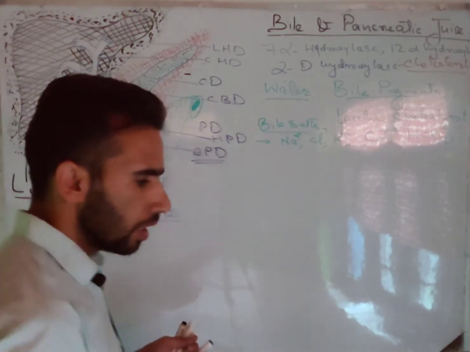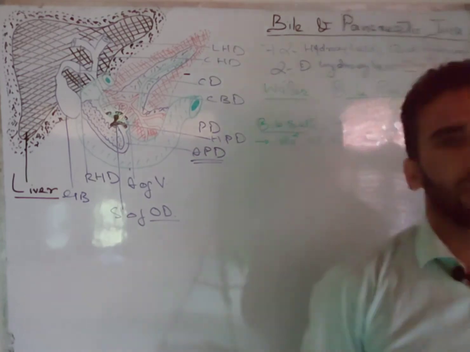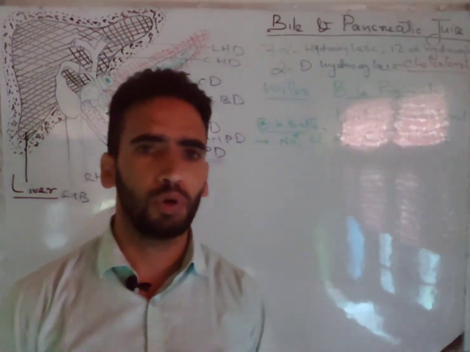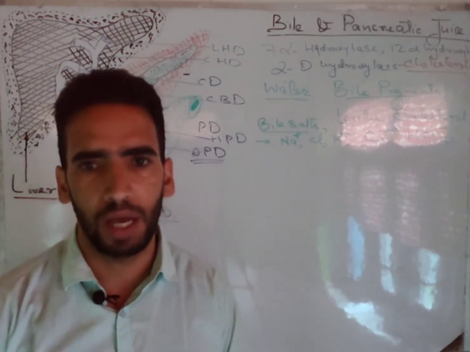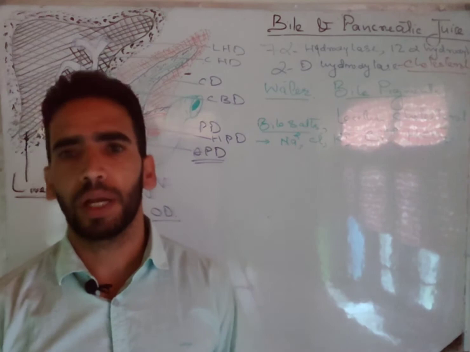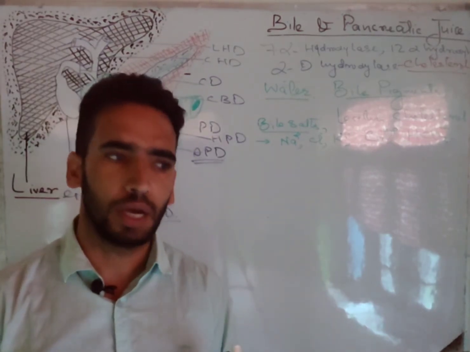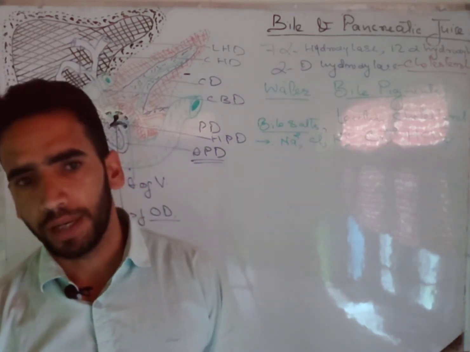So far as the common composition of the bile is concerned, you have seen that bile consists of water, bile salts, bilirubin, cholesterol, fatty acids, lecithin. It will contain sodium, potassium, calcium, chlorine, and HCO3 negative ions, the carbonate or the bicarbonate ions.